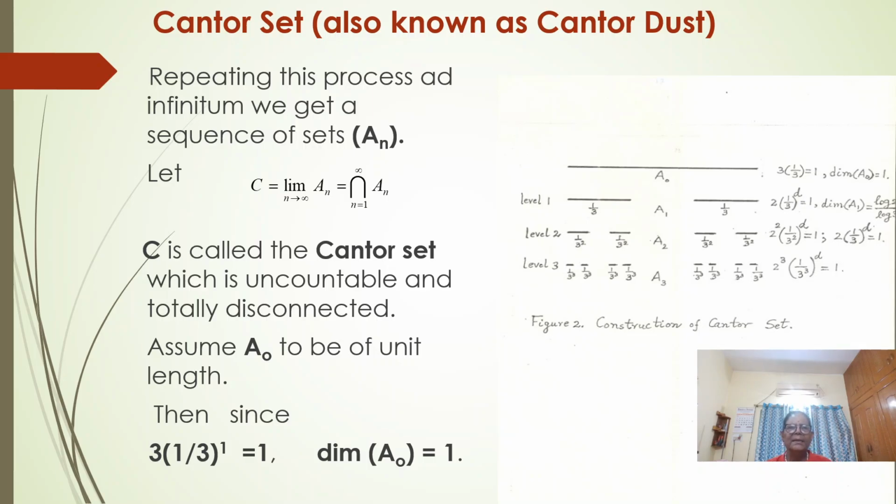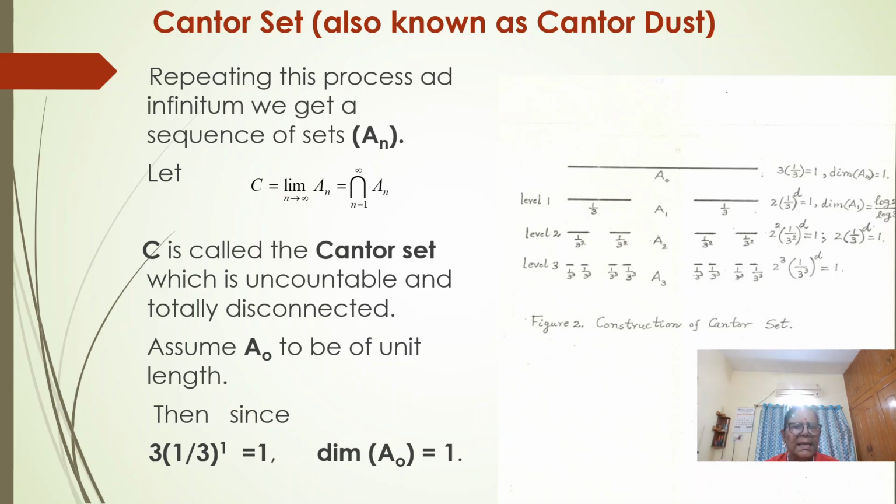It can be seen through the figure shown here. At level 1, from A0, we have removed the middle 1/3. At level 2, we have removed the middle 1/3 of each of the 2 remaining parts. So repeating this process ad infinitum, we get a sequence of sets, say A_n.